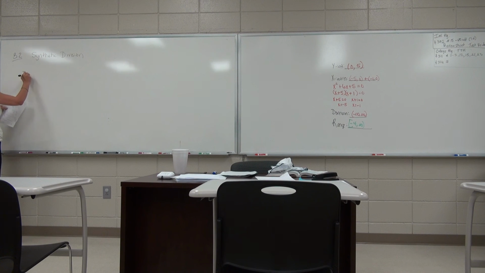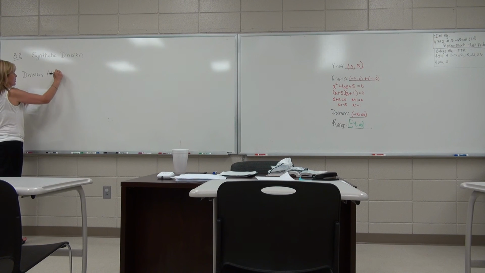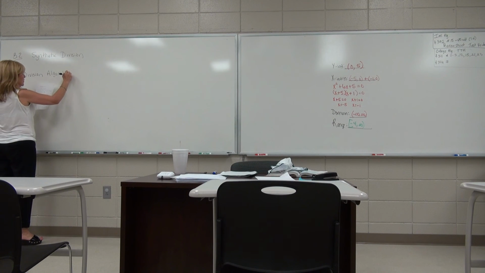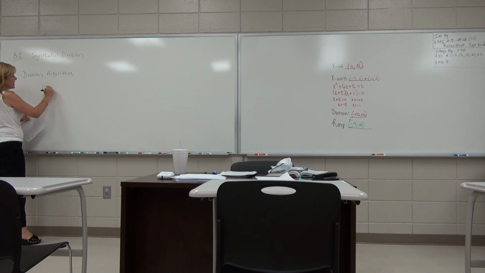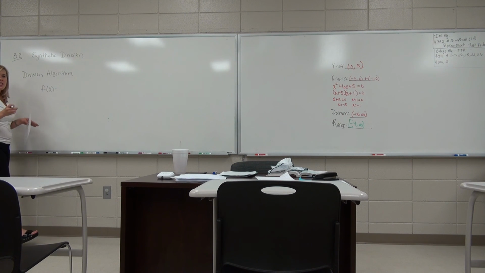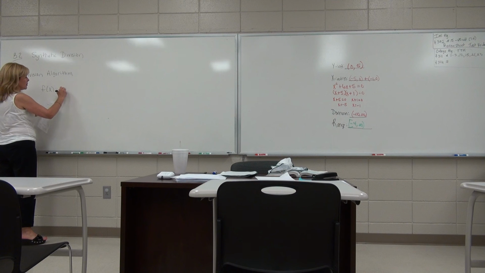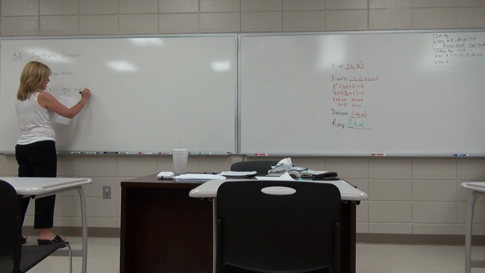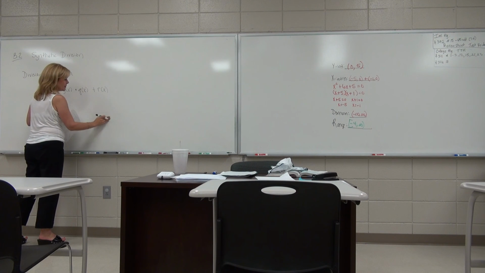Well, first of all, we have what's called the division algorithm. And I really don't care if you write this part down or not. If you're given any function quotient f of x, the division algorithm says you can break it down. It'll be equal to g of x times q of x plus r of x.